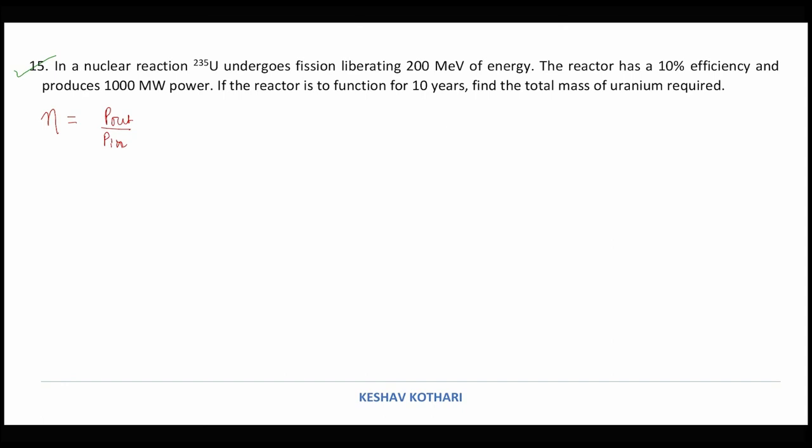So over here I can calculate the power input that is required, which is equal to power output by efficiency. So we can put the value of power output, which is equal to 1000 megawatt. So 1000 multiplied by 10 to the power 6 divided by the value of efficiency, which is 10 by 100. So from here we are calculating the value of power input, which is coming out to be 10 to the power 10 watt.